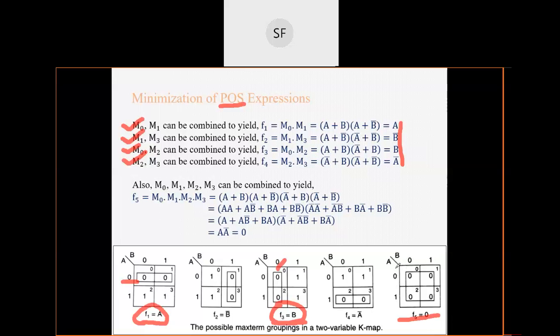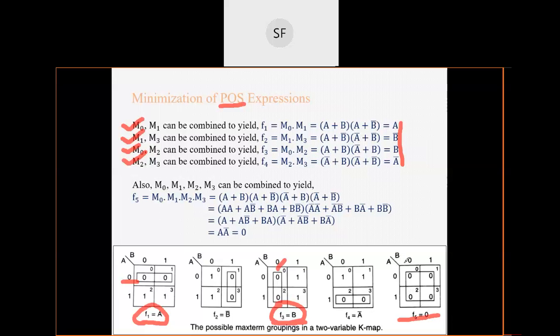That means two variables will be eliminated, and what will be your expression? F5 will be equal to 0, because both variables are changing. So whichever variable changes, that means that variable will be eliminated.